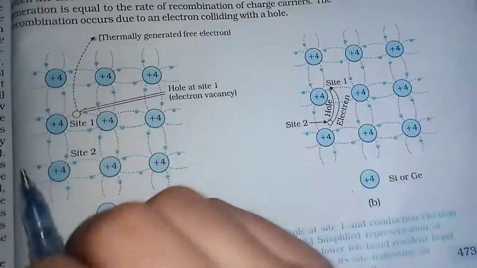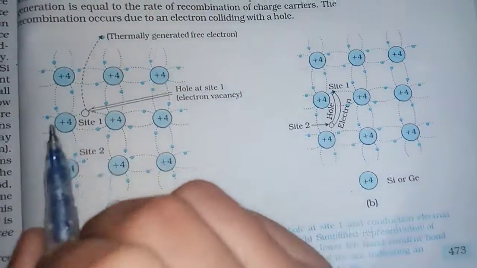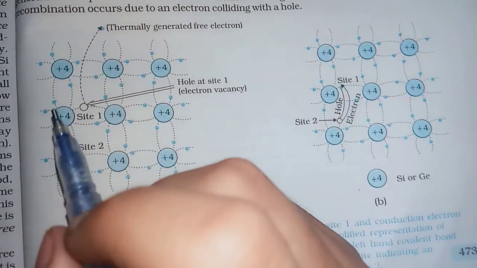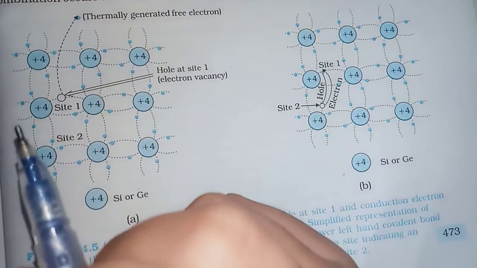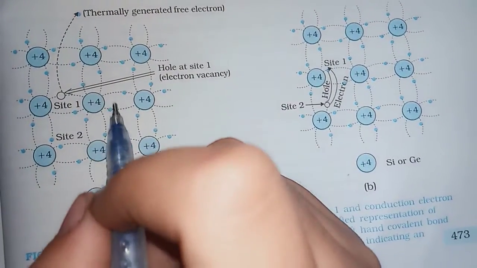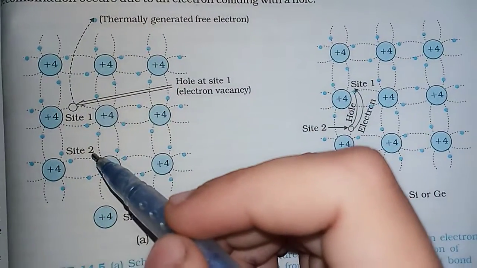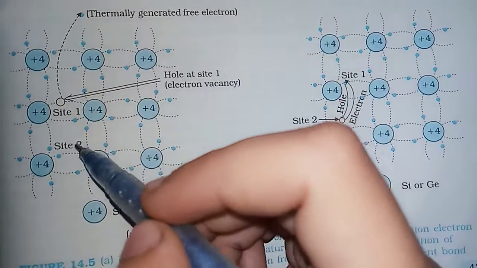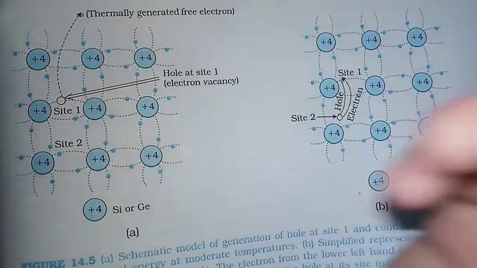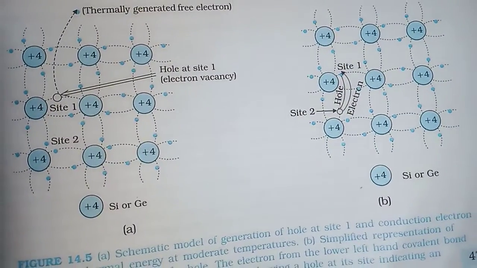Let us see in this figure. One electron has created the vacancy here. It has a hole. So the electron from the covalent bond, side 1, side 2, the electron from side 2 can jump to side 1 to complete its vacancy.